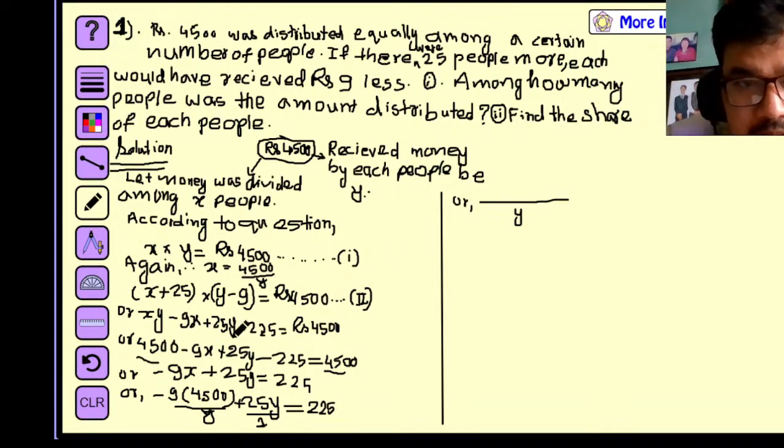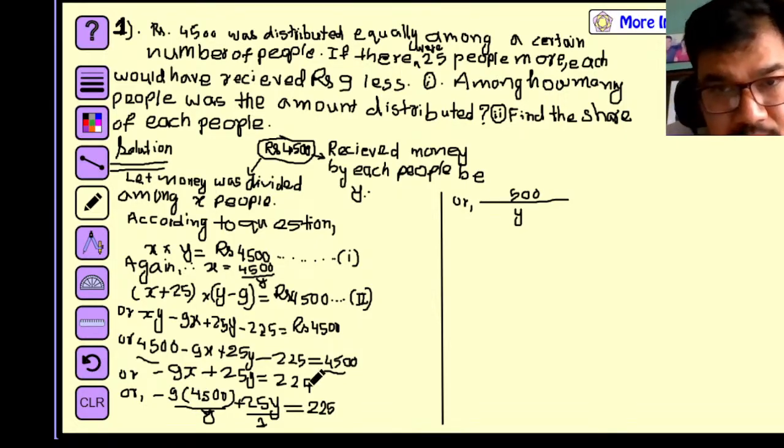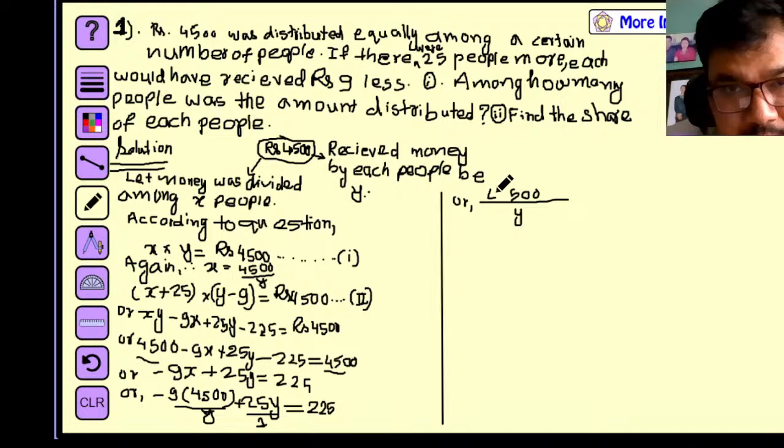Then when you multiply 9 and 4500, look what will come: 9 times 5 is 45, 4 carry over, 9 times 4 is 36, plus 4 is 40. It has come 40,500.